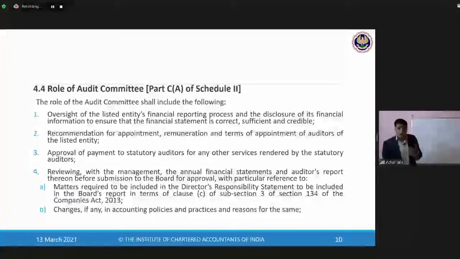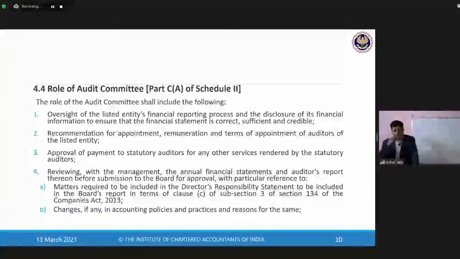So it's the audit committee which appoints them and fixes their remuneration terms. It's basically the audit committee that has been given this function to ensure that the audit etc. is taken care of. So it's their responsibility. They need to take care of this. Okay.